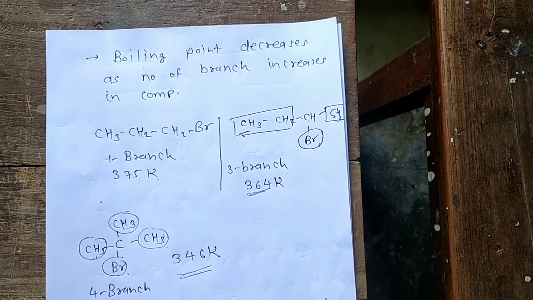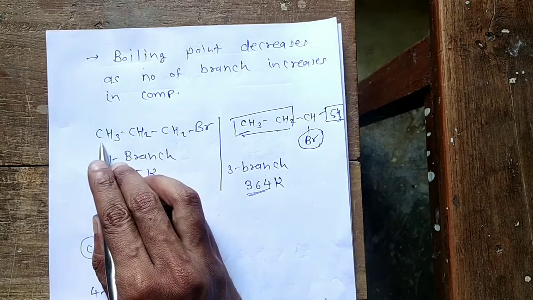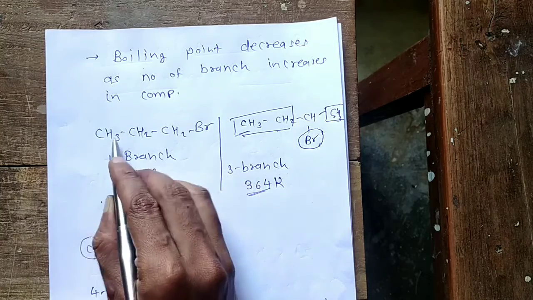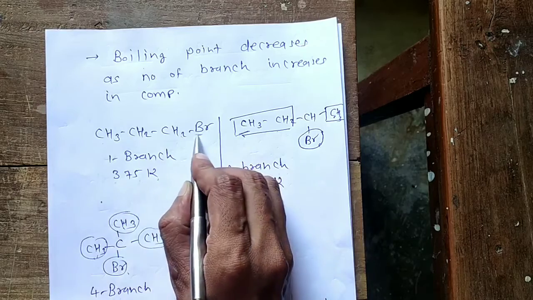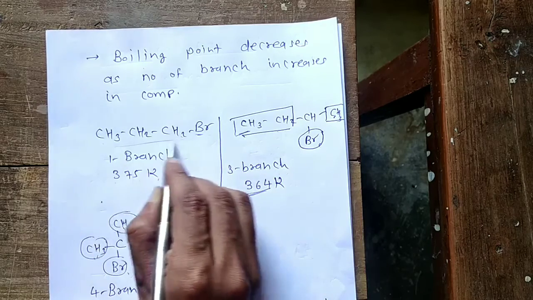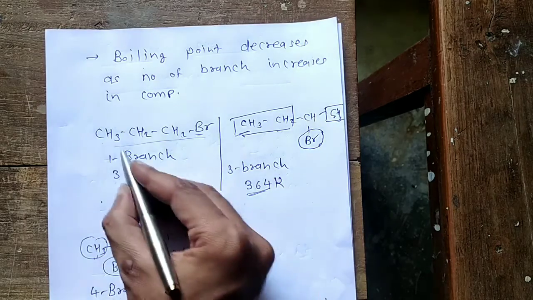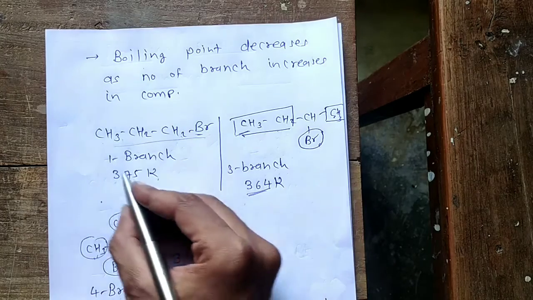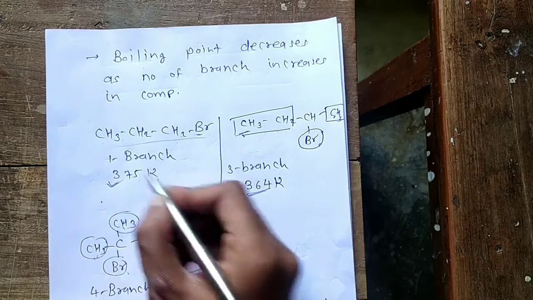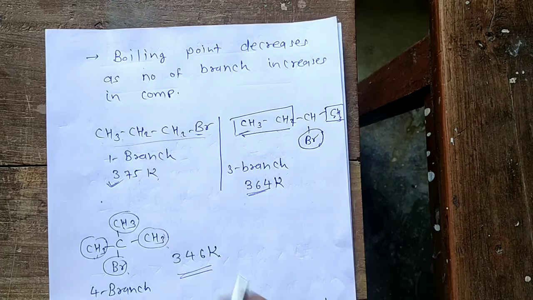Now suppose we have some branch in our compound. You can see the example first. This first compound has 3 carbons and a bromine in linear manner in a single line, so there is only one branch here. The boiling point is 375 Kelvin.